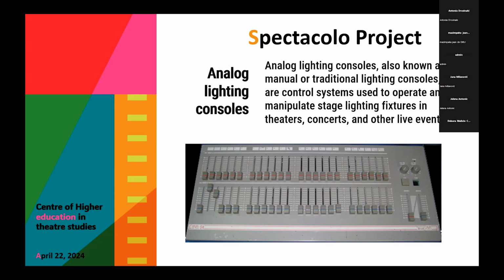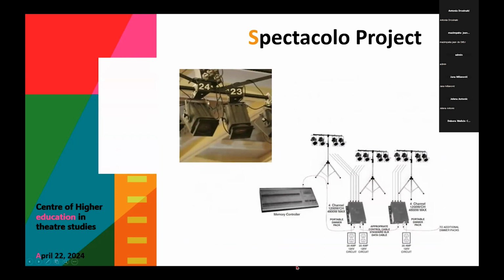Well, now look at this. Here we have a memory controller, the console that I told you, and two dimmers, not four, as I mentioned before, but two. Okay, never mind. I have one, and this is the cable.